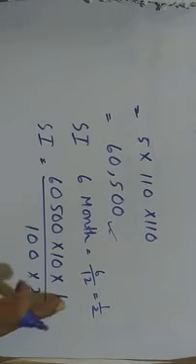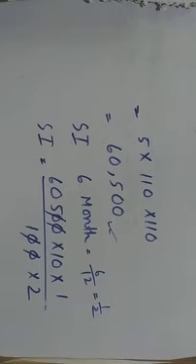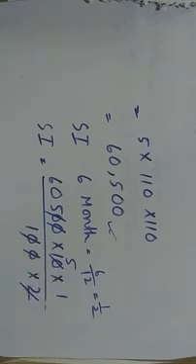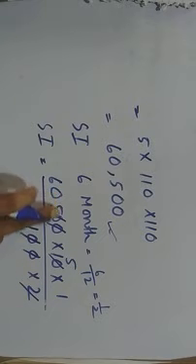So here I have substituted. Now you cancel 0, 0. 2 5s are 10. First you cancel 0, 0 and divide 10 by 2. So 5 times. So 605 multiply 5.